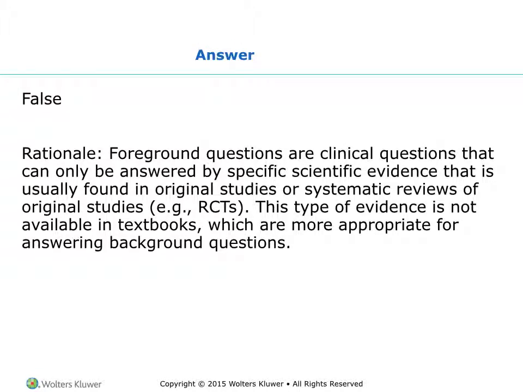Your foreground questions can be answered by looking in original studies or systematic reviews of original studies. Textbooks are not appropriate for answering foreground questions, and that's why we're going to spend so much time learning how to use CINAHL and how to find appropriate literature and appropriate evidence.